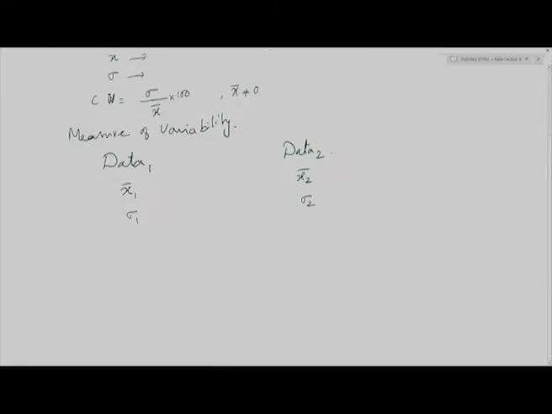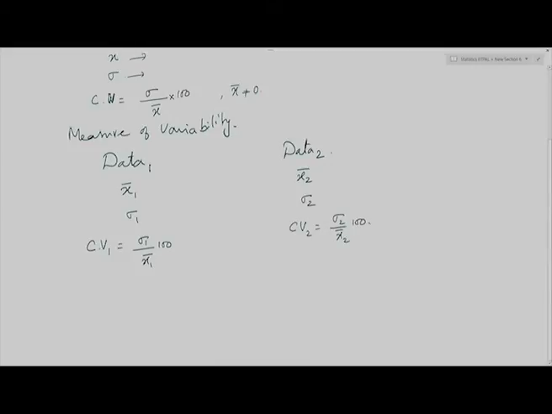Now I can compute CV1, which is equal to sigma 1 by x1 bar into 100. Similarly, CV2 is equal to sigma 2 divided by x2 bar into 100.